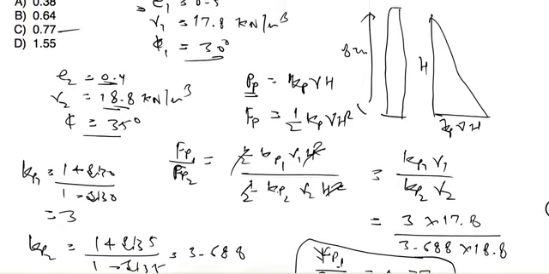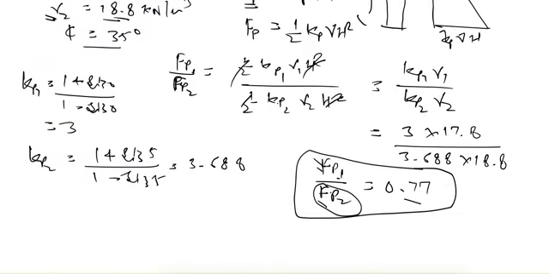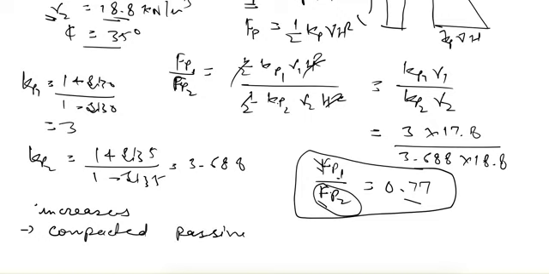So when the void ratio is decreased and the unit weight is increased, then the passive thrust increases. So as I said earlier, if the soil is compacted, then passive pressure or passive thrust will increase, whereas the active pressure or active thrust will decrease.